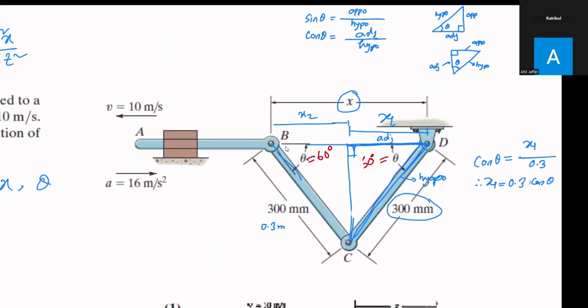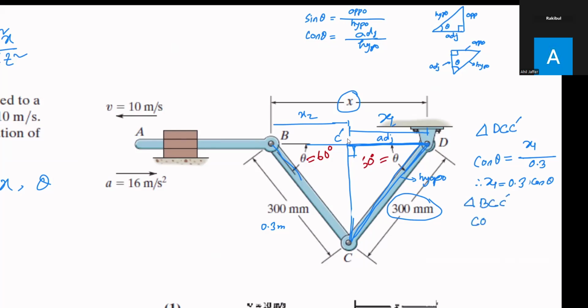Clear? Now, similarly for the other triangle, BCC prime, I give a new point, C prime. So this is triangle DCC prime. Similarly, BCC prime.